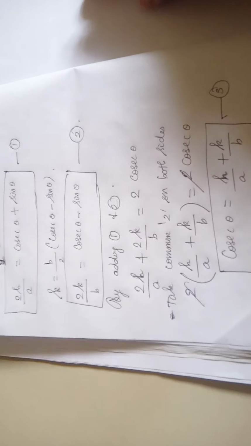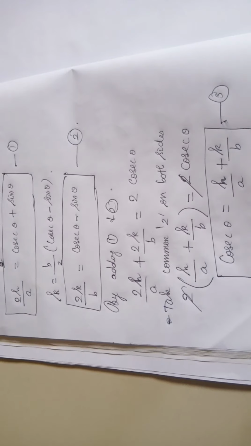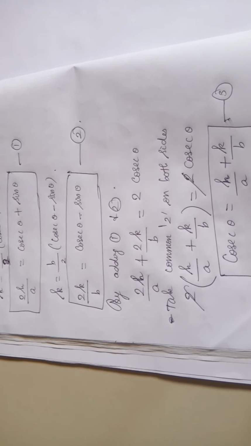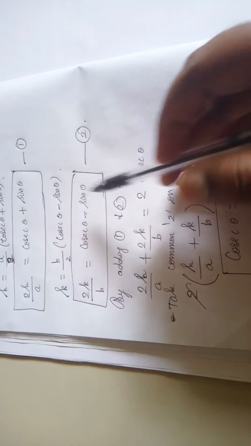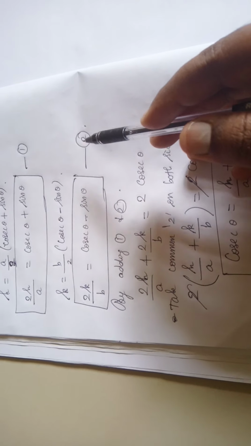Now next, we need to eliminate cosec θ by the alternation method. Cosec θ should be taken as minus in one equation, so that minus sin θ is changed to plus.